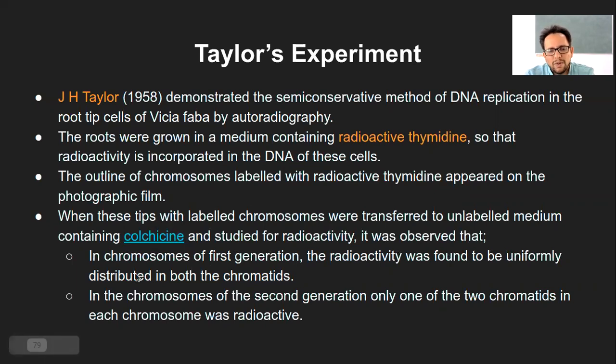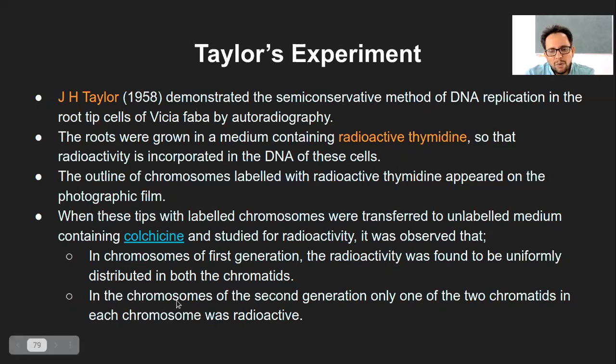So in this experiment, what was observed was that in the chromosomes of the first generation, the radioactivity was found to be uniformly distributed in both the chromatids. That means when the cells were grown in the radioactive thymidine, obviously all the chromatids will be with the radioactive thymidine.